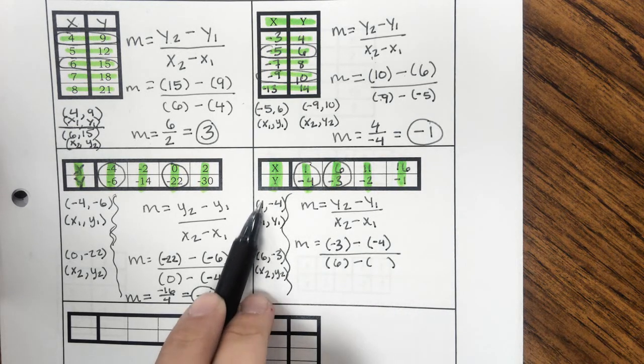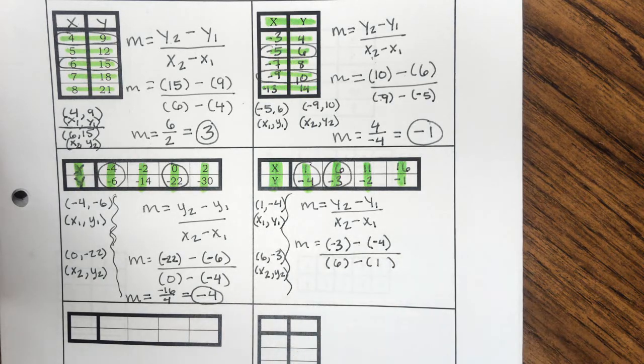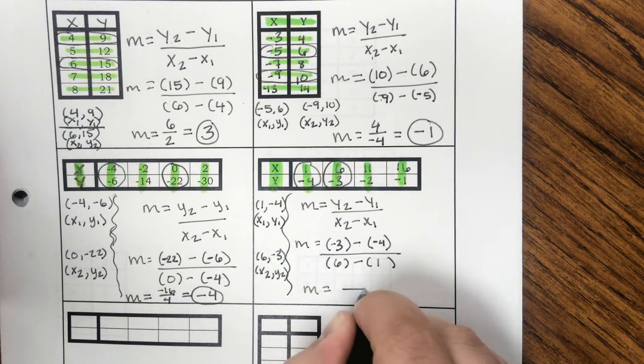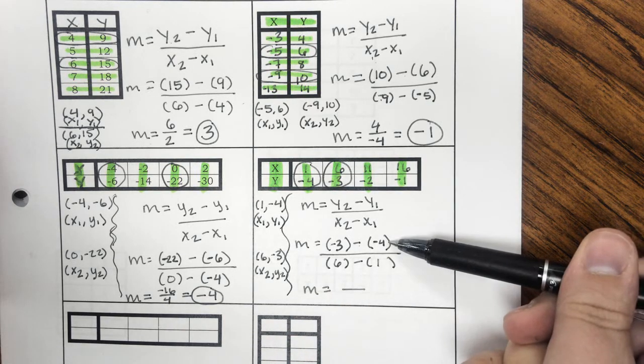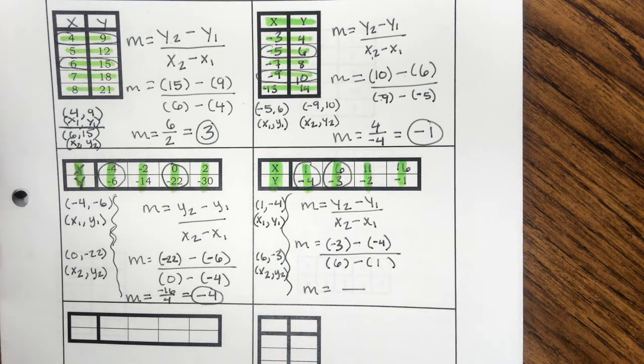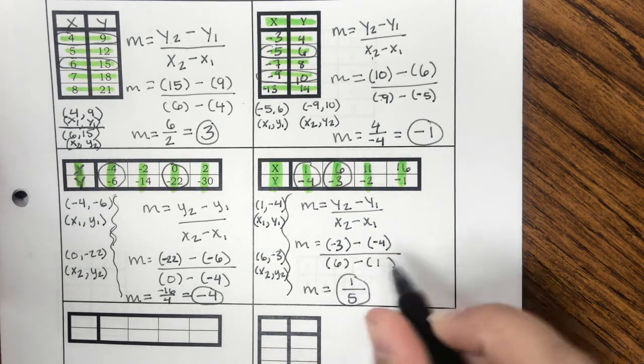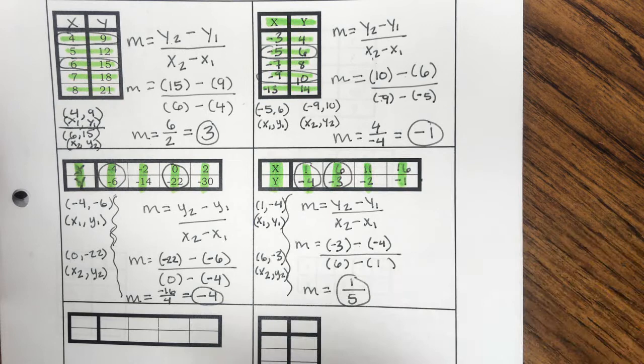Here's x1. Its value is 1. Okay, so the slope is equal to a fraction. Numerator is negative 3 minus negative 4. Remember to check yourself using the calculator. Negative 3 minus negative 4 is a positive 1. The denominator is 6 minus 1, which is 5. 1 over 5 cannot be reduced, so your slope for the line represented in this table is 1 over 5.